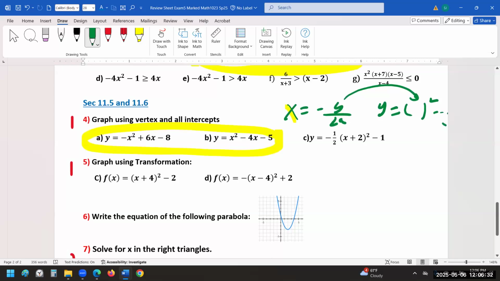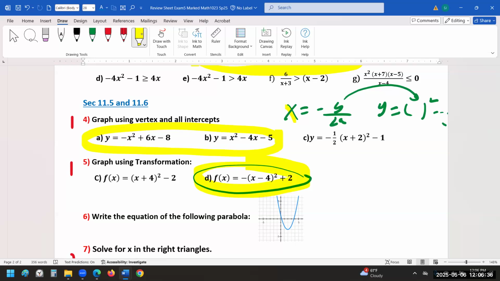Transformation, this type. Again, this transformation has 6 points. 1, 2, 3. 3 is for 3 types of transformation. 1 is for the original function, the original graph. And then 2 is find the vertex.